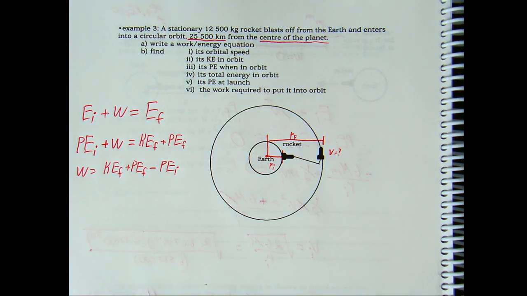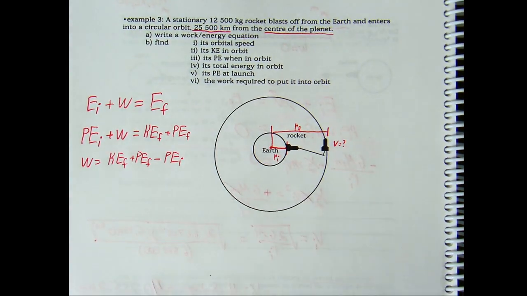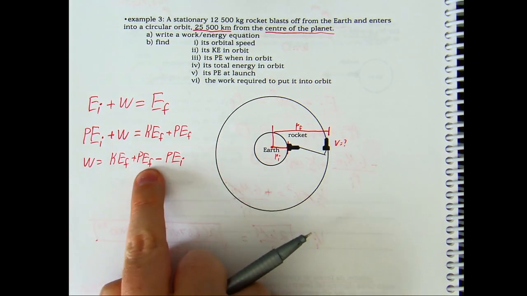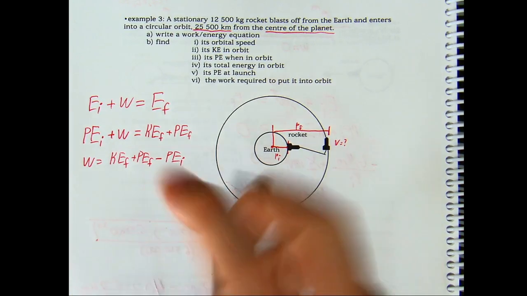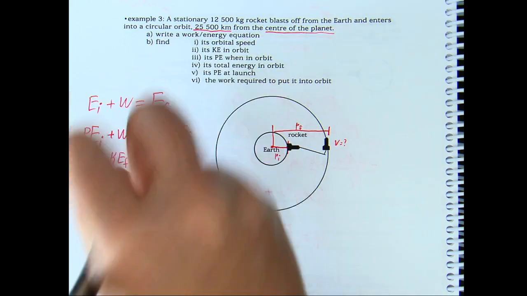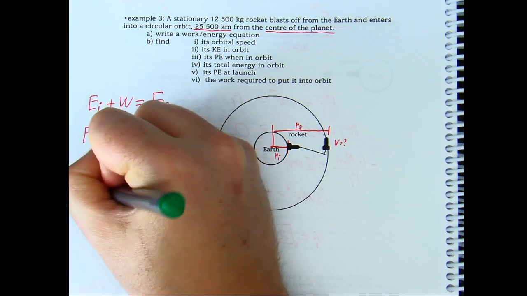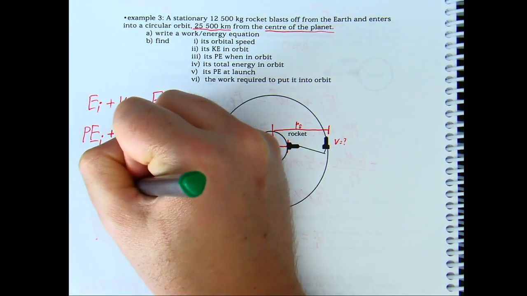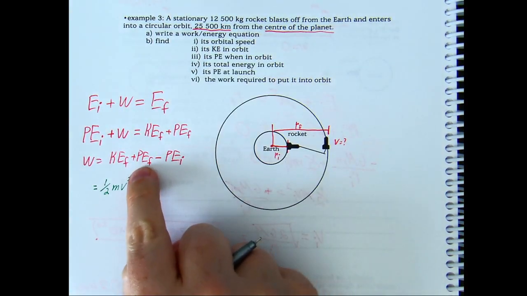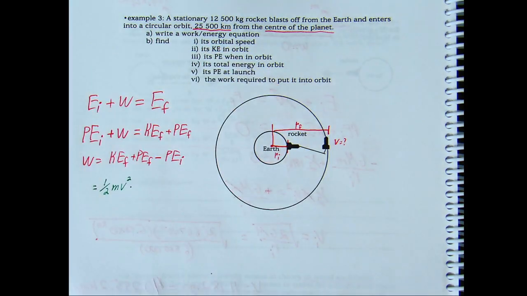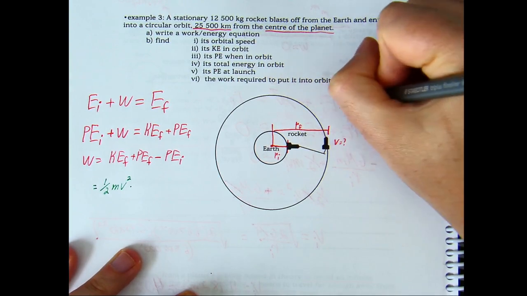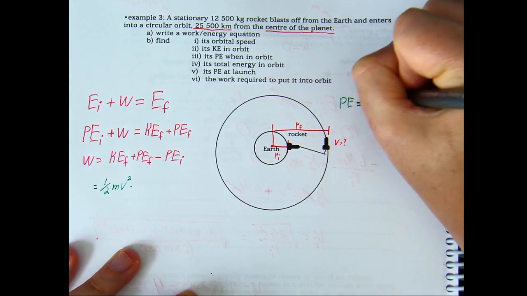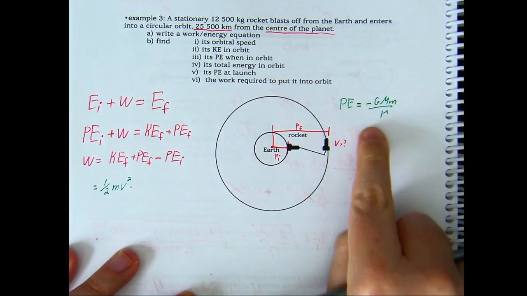So let's go through and take a look at the rest of this. We've got kinetic energy final, potential energy final, and subtracting the initial potential energy. So kinetic energy final is given to us by half mv squared. We're going to add to it PE final. If we remember what the gravitational potential energy is, I'm just going to go over here and collect some equations for us. Potential energy is equal to negative GMm over r.